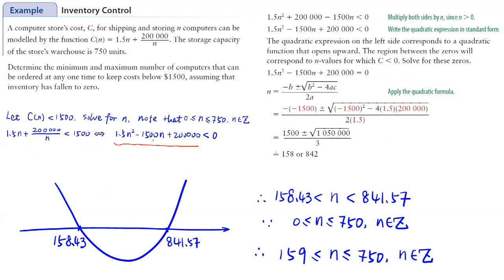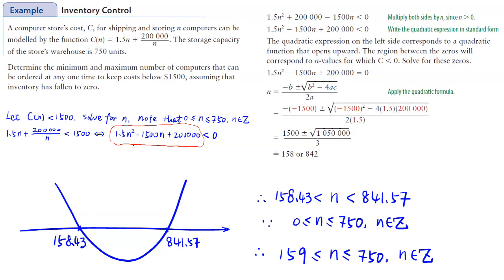In order to solve this inequality, first of all, we can find its zeros. If you let this quadratic function be 0, and use the quadratic formula, it is not very difficult to find its two zeros. One of them is 158.43, and the other one is 841.57. And note here, this quadratic function is opening up, right?